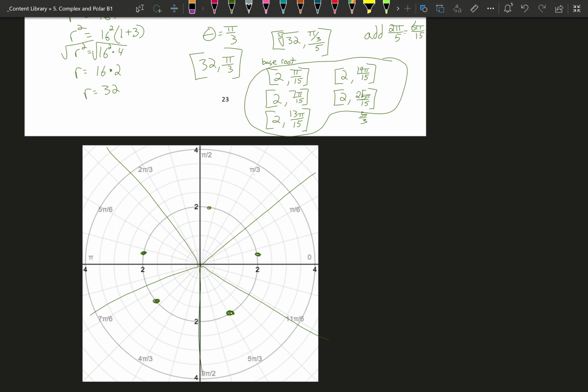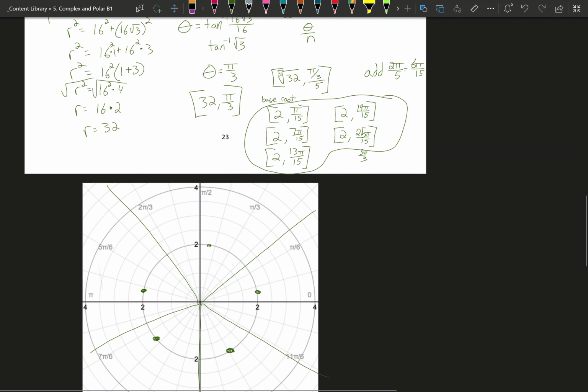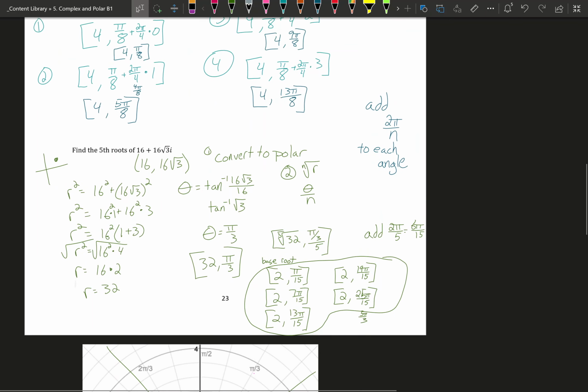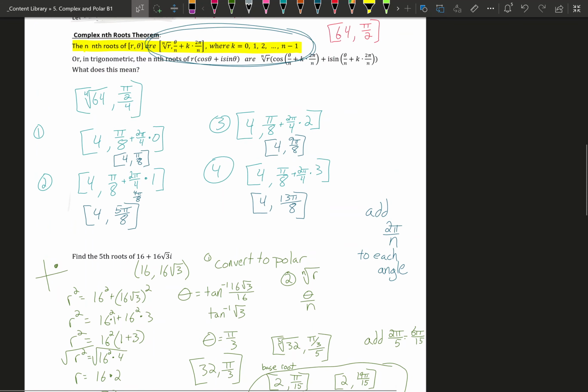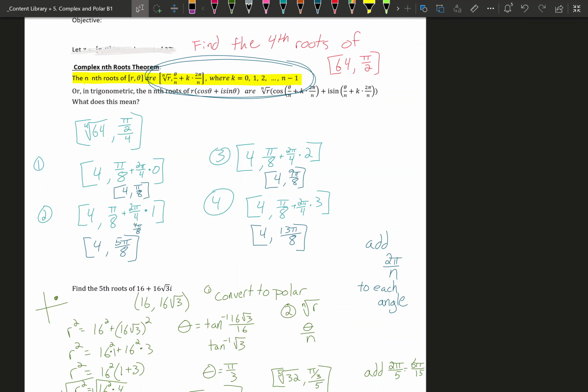The entire unit circle is 2 pi, and then divided by n, we're splitting it into n sections. So that is why we divide our 2 pi by n. So this is how we find the nth roots of a complex number in polar. Thank you for watching.